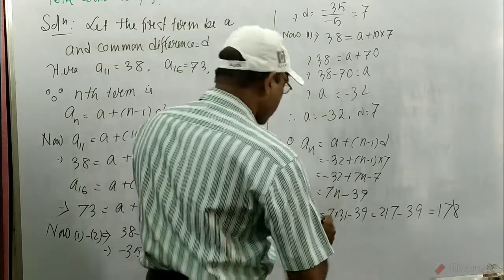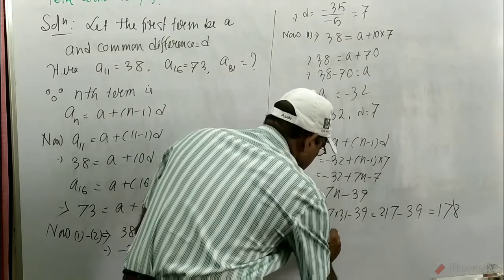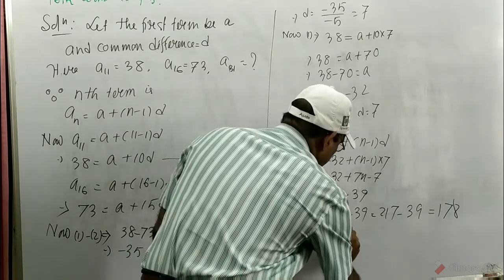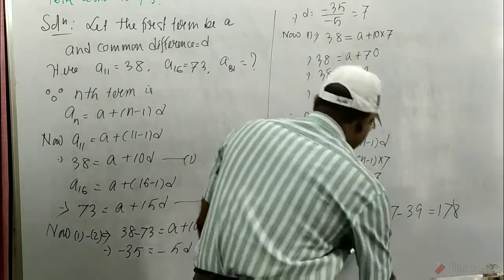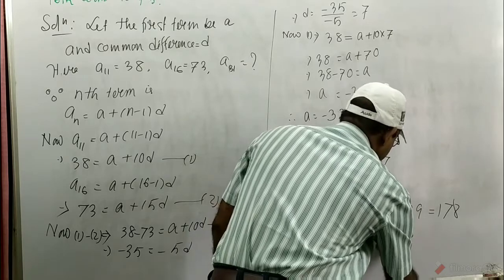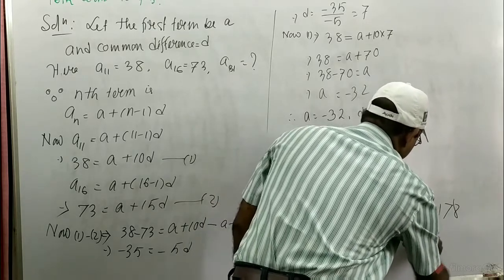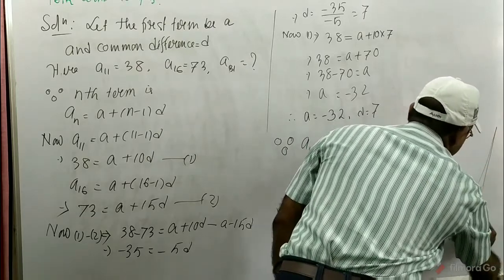Therefore the required 31st term equals 178 and this is our answer.